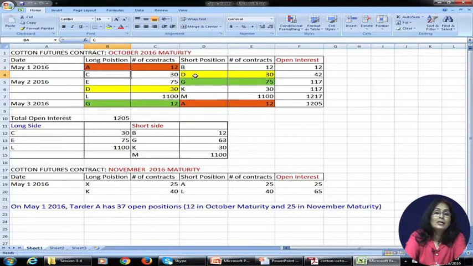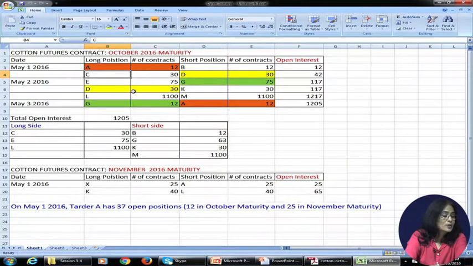So let's say D would like to square up the position by taking 30 long futures contracts for October 2016 maturity. So D took a long futures contract, and who is the counterparty? K. So K is now the new counterparty.